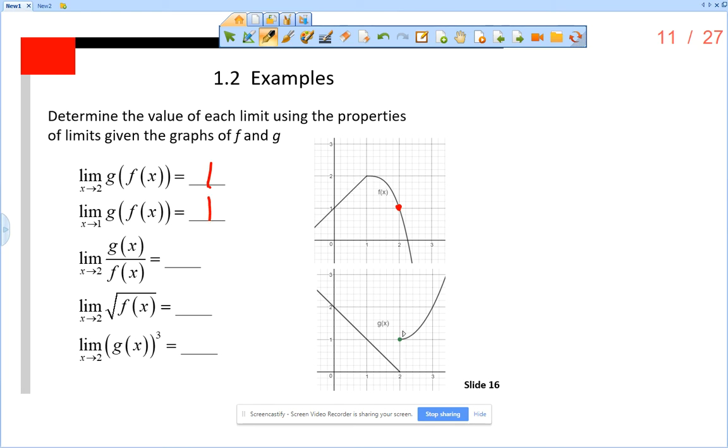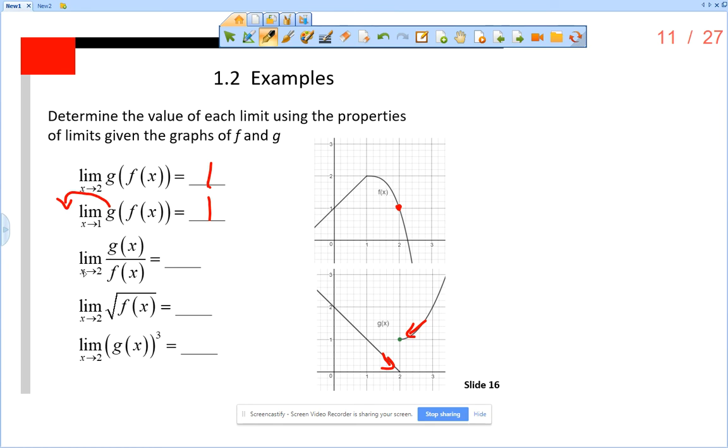Now, I understand that sometimes people look at this and they say, well, but the limit as x approaches 2 doesn't work here. Well, we're not evaluating the limit as x approaches 2. We're evaluating the limit as x approaches 1 of g of f of x. And so it's important that we understand that we brought the g outside. So g is not part of the limit anymore.